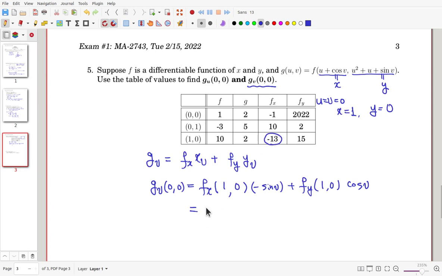That is minus 13 times, anyway, sine of v is 0 once u and v are 0, so that's 0. Plus f sub y at (1, 0), which is 15, and cosine v, once v is 0, is 1, so that is 15. For g sub u, you can do it similarly.